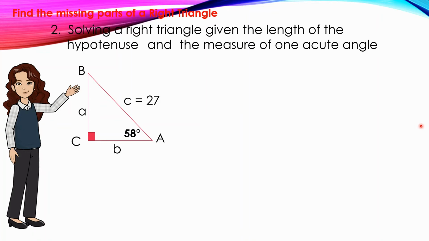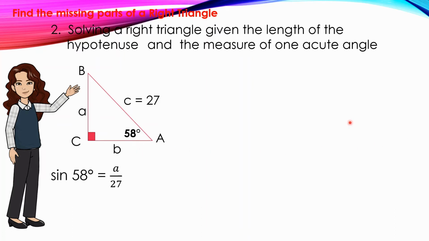And the angle A is 58 degrees. So given the hypotenuse is 27 and one acute angle, which is 58 degrees in angle A.